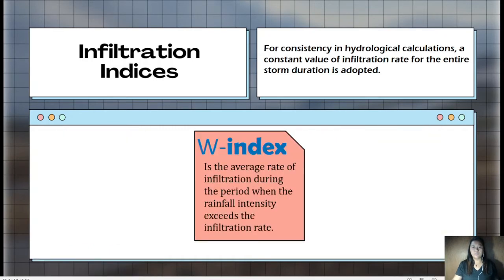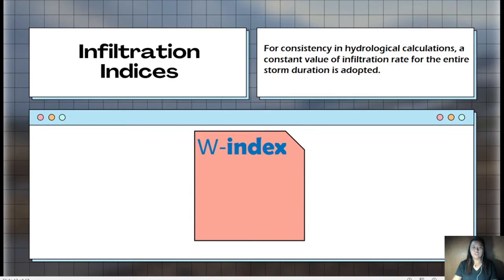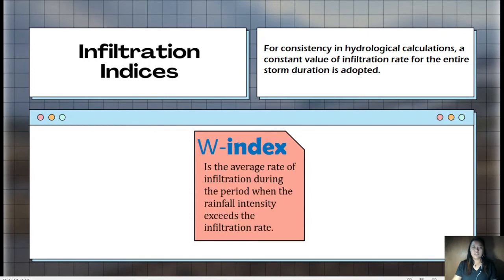Next is the W index. It is the average rate of infiltration during the period when the rainfall intensity exceeds the infiltration rate.